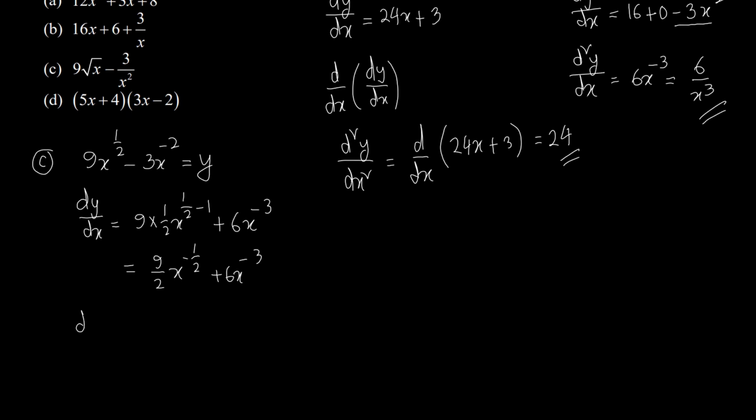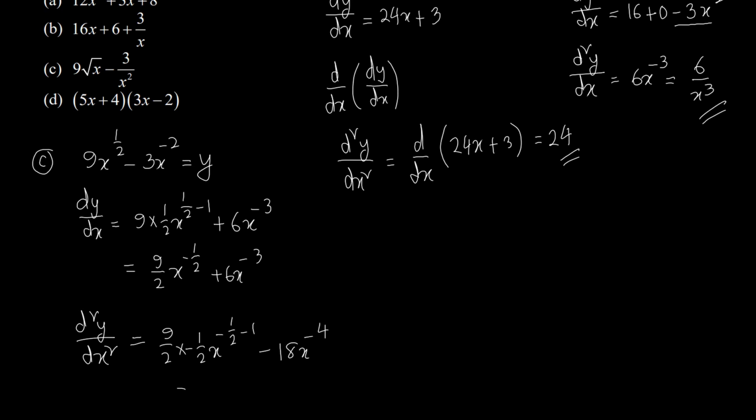Then the second derivative means differentiation of that expression dy by dx another time. This is called the second derivative, d square y by dx square. We are writing like this. So which is 9 by 2 into minus half, then x to the power minus half minus 1. And another part we can write directly, 6 times minus 3 is minus 18 x to the power minus 4.